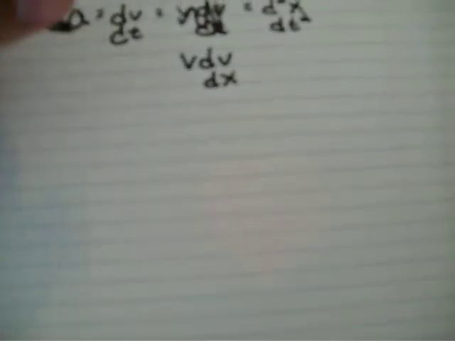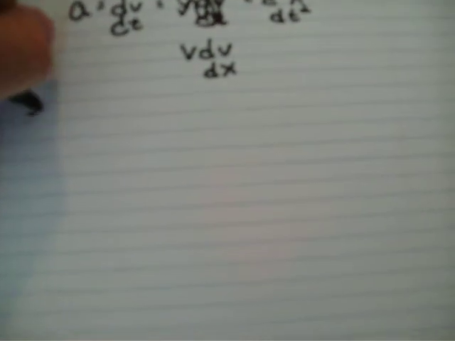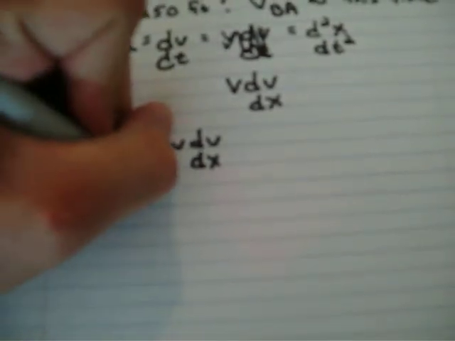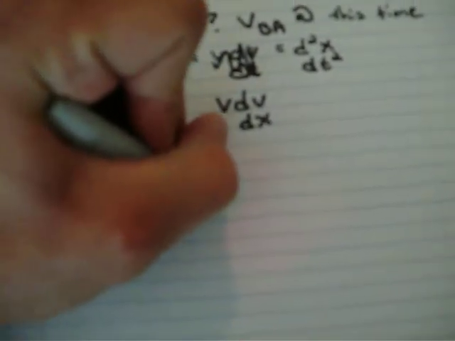So we see that negative 0.02x equals v dv/dx. What we do now is multiply both sides by dx, and that gives us negative 0.02x dx equals v dv.